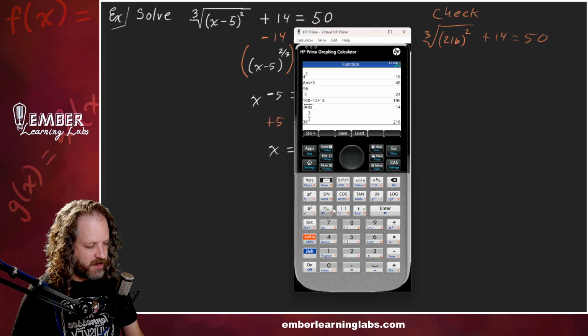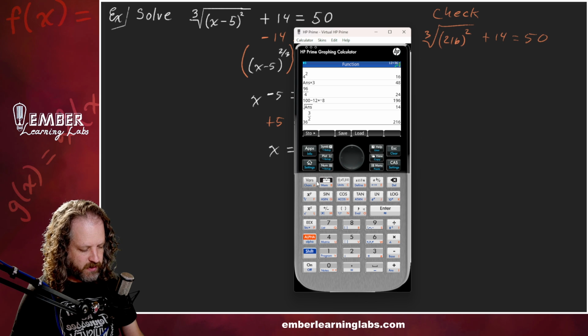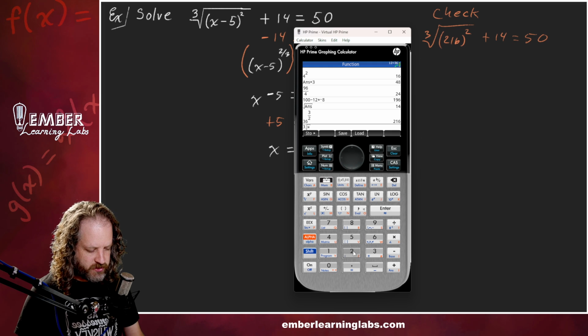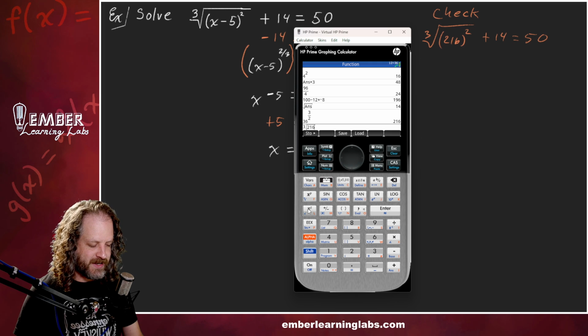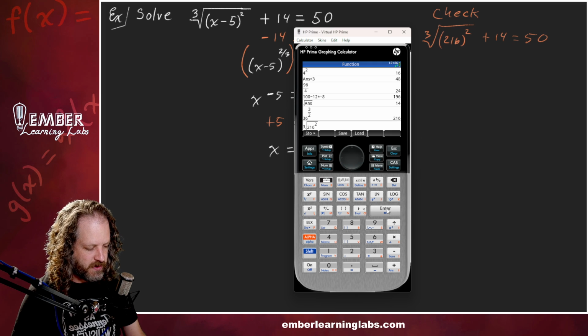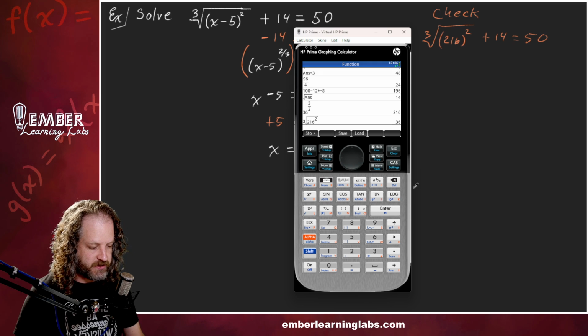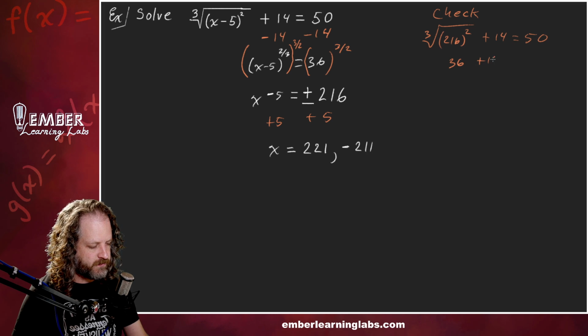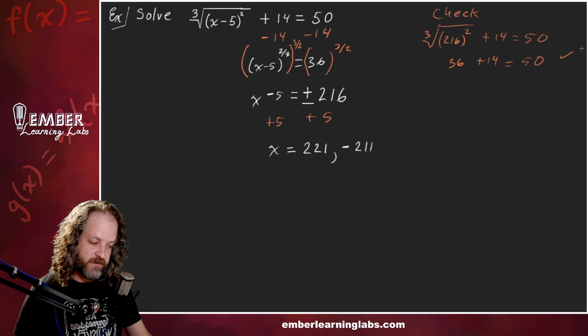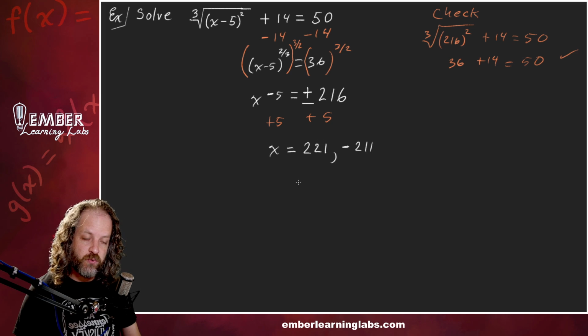So the cube root, I'll go ahead and write it down in radical form in my calculator, of 216 squared. This should work, right? Because this is just the opposite of what we did. So this should give us 36, right? That is to be expected. So 36 plus 14 equals 50. 36 plus 14 does equal 50. This one does work. Great.